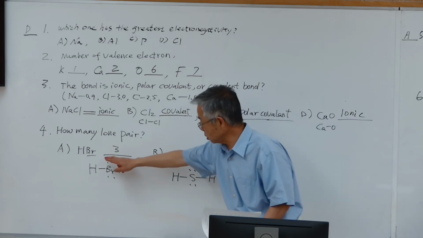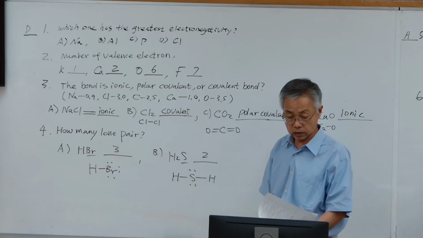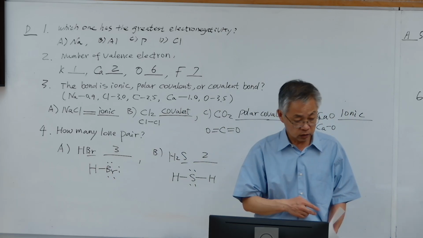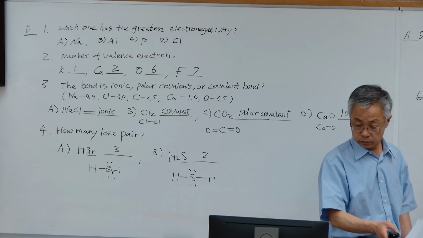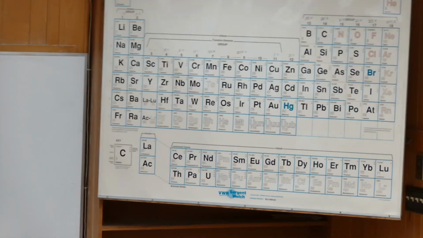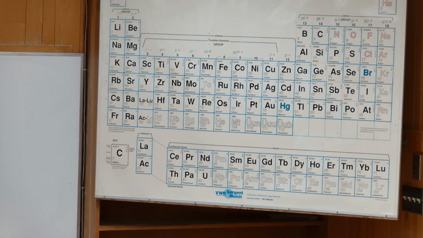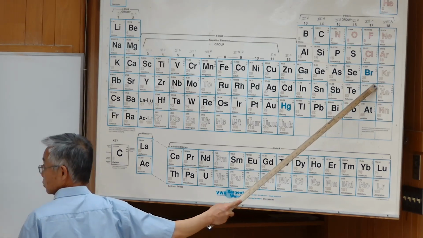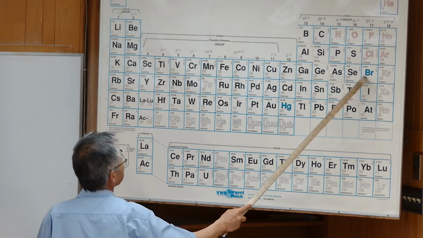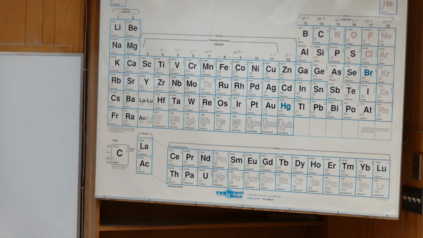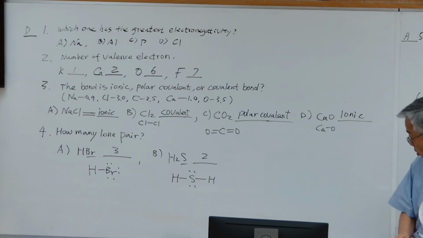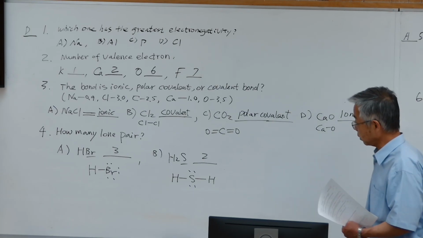Question 4 asks you how many lone pairs. So HBr asks you how many lone pairs for Br. Br is from group 7A, so 7 valence electrons.